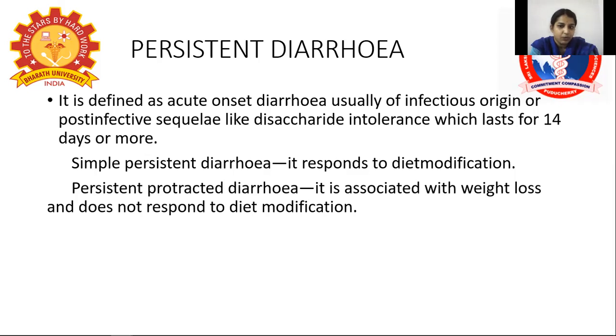Simple persistent is the one that responds to dietary modification, and persistent protracted diarrhea is associated with more severity like weight loss, and it does not respond to diet modification. So this diarrhea usually begins as an acute onset diarrhea, but it lasts for more than 14 days.